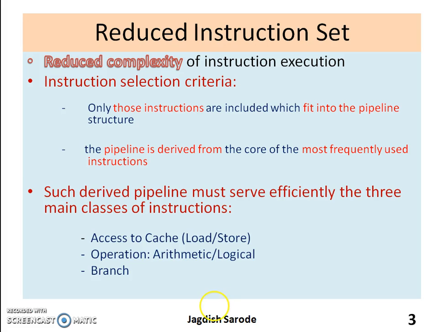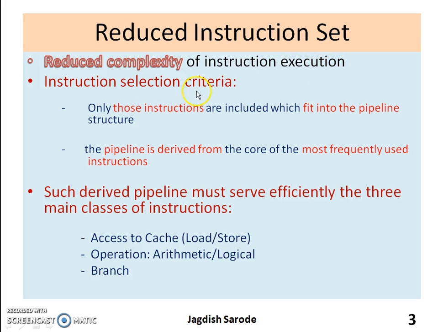So first is reduced instruction set. Reduced instruction set is nothing but reduced complexity of the instruction execution. It doesn't relate to a reduced number of instructions in the instruction set of a processor, but it is reduced complexity of the instruction execution.